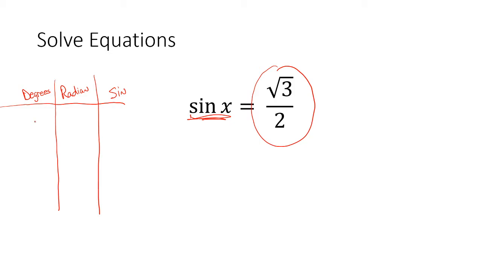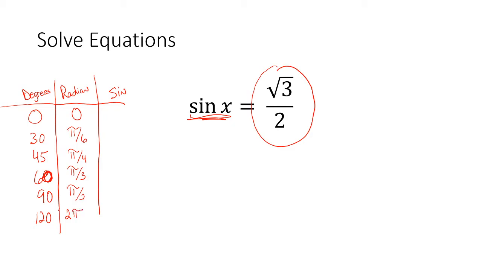If we go down degrees, on a trig chart, you got 0, 30, 45, 60, 90, so on and so forth. In radian form, it's 0 radians, pi over 6, pi over 4, pi over 3, pi over 2, and 2 pi over 3, and so on and so forth.